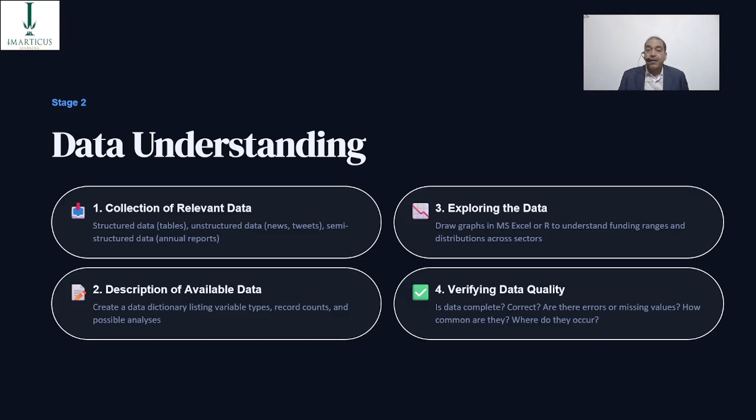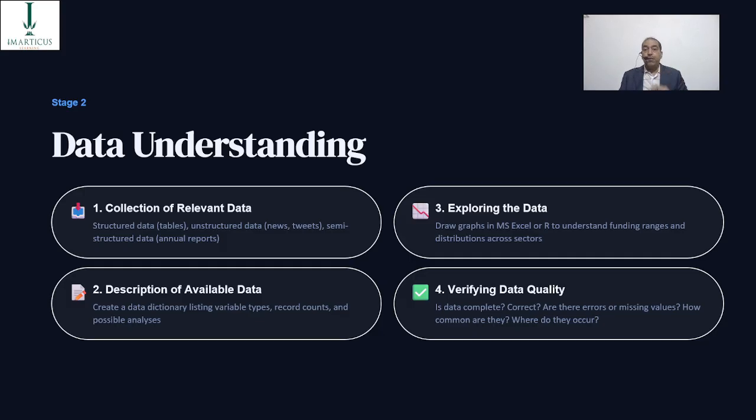Is the data that I've collected correct, or does it have any errors? And if there are errors, how common are the errors? Are there any missing values in the data? And if there are any missing values, then how are they represented? Is the cell blank? Is the cell having a dash over there?